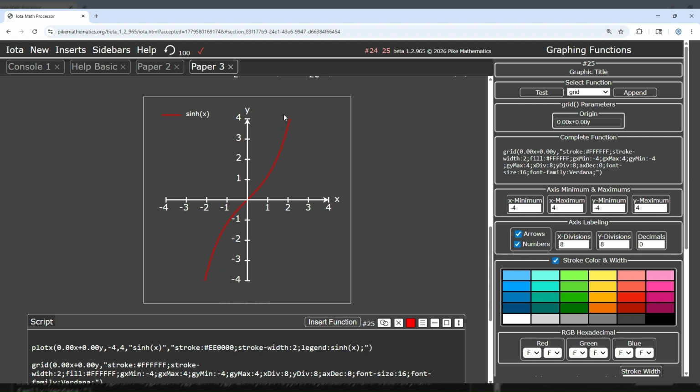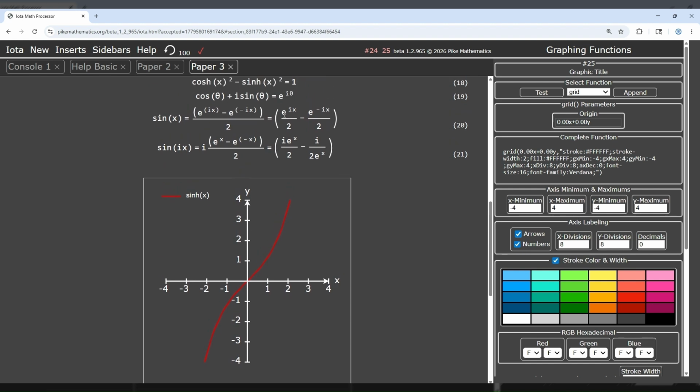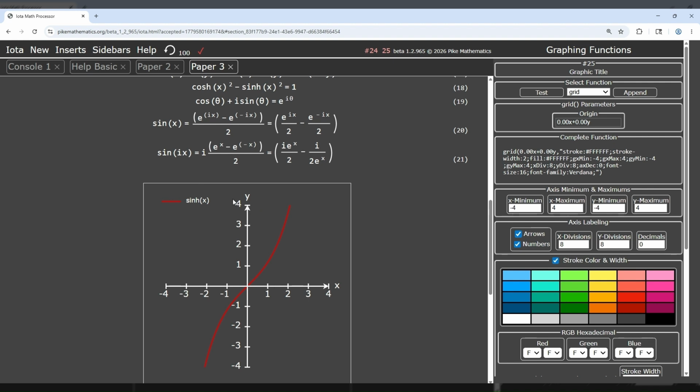Truthfully, I've worked a lot with cosine and sine, and I understand how they look graphically better than hyperbolic sine. I'm just not that familiar with how hyperbolic sine looks on a graph. One thing I could do is, now that I understand what hyperbolic sine is, you'll notice that if you were to go in the positive x direction, this number essentially gets really, really small, and it stops contributing much, and it approaches zero.